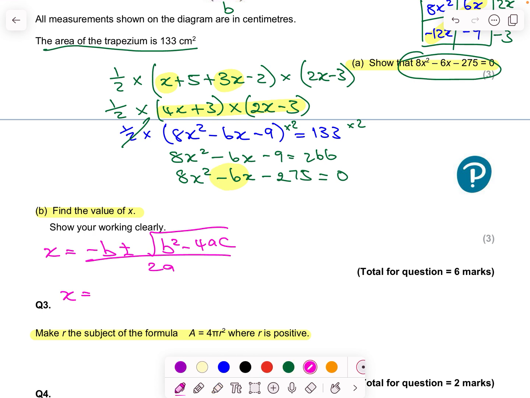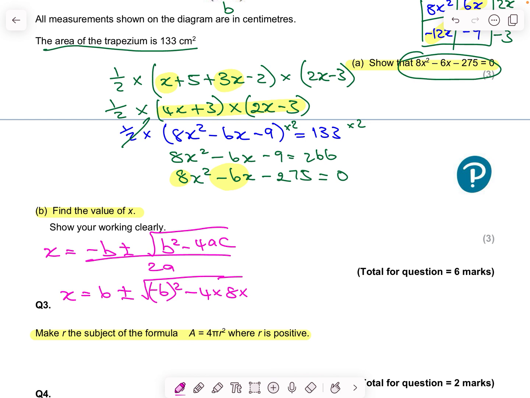So it becomes positive 6 plus or minus the square root of minus 6 squared, take away 4 times a, which in this case, we've got a being 8, times c, and in this case, c is minus 275. So times minus 275, all over 2 times 8.